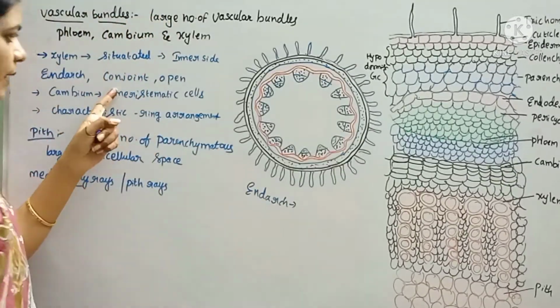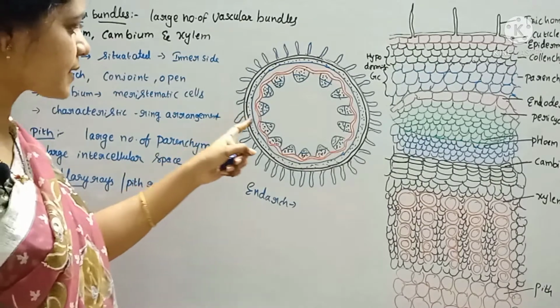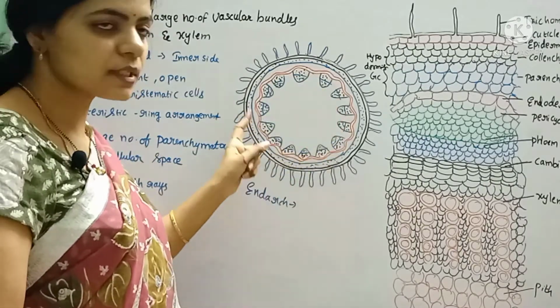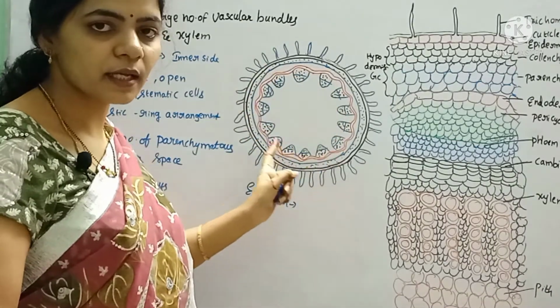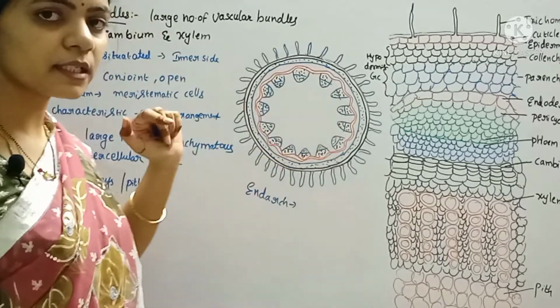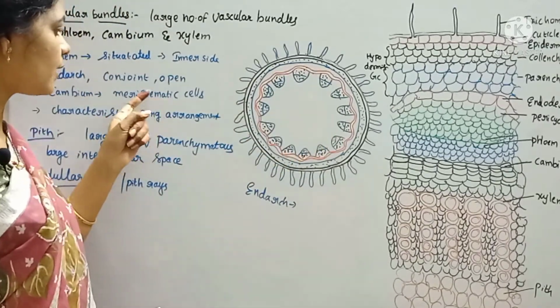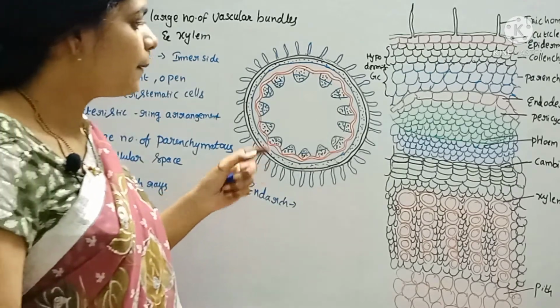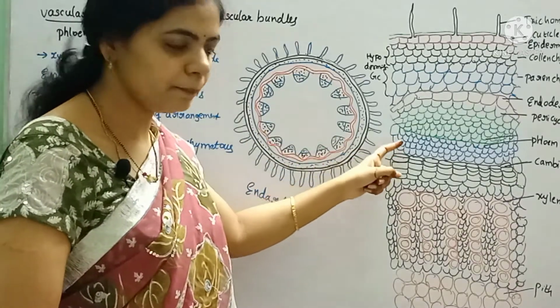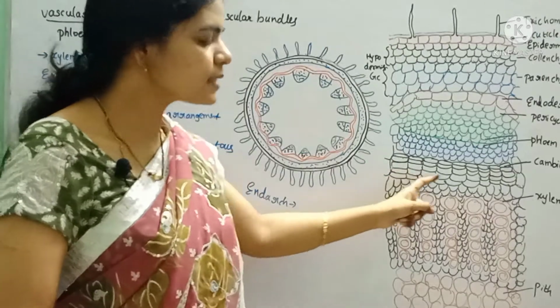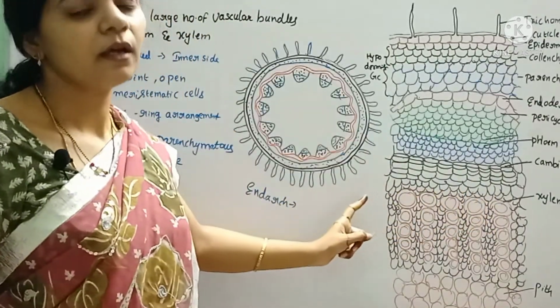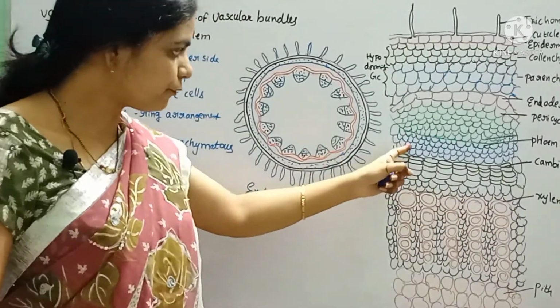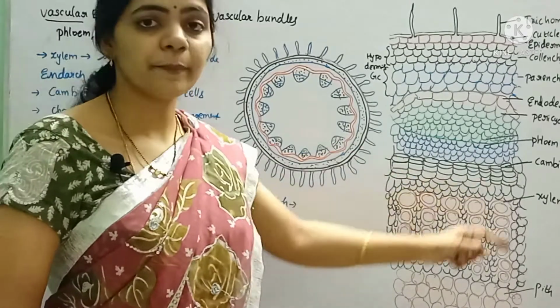And these vascular bundles are conjoint type of vascular bundles. That means both xylem and phloem are arranged on the same radius. That is called conjoint type. And these are open vascular bundles. Open vascular bundles means between the phloem and the xylem, cambium is present.